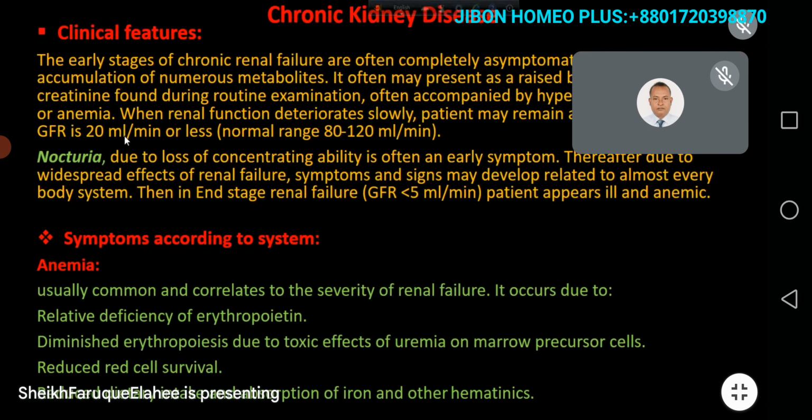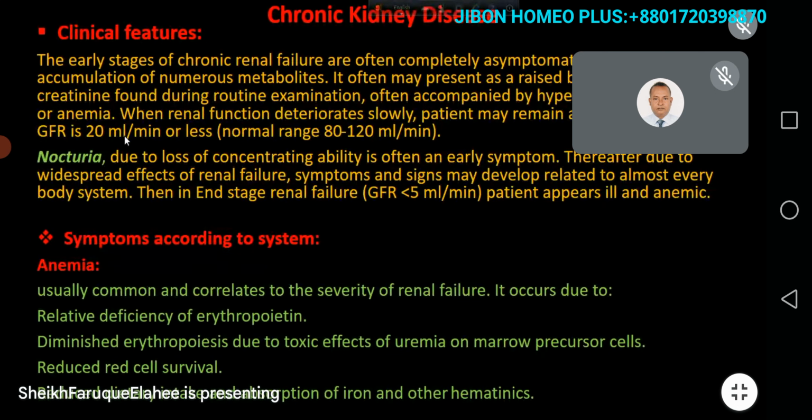This is called glomerular filtration rate. It means how much blood can be cleared of creatinine by the kidney in 1 minute. This is the ability of the kidney to clear blood of creatinine in 1 minute.